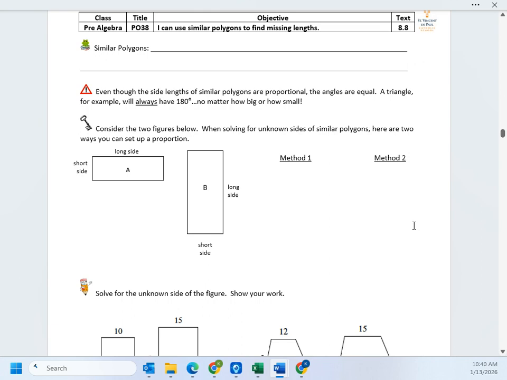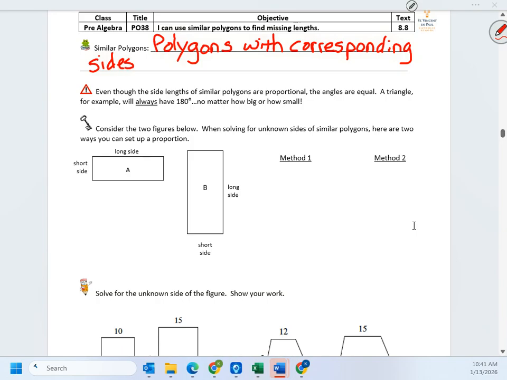So, similar polygons. Similar polygons are polygons with corresponding sides that are proportional. So even though the side lengths of similar polygons are proportional, the angles are equal.